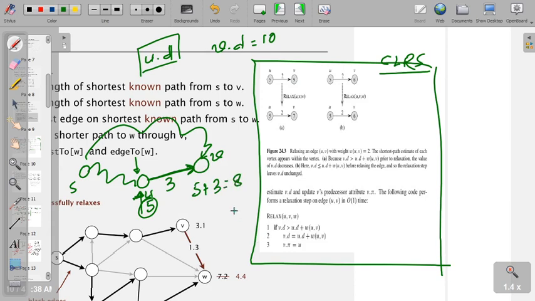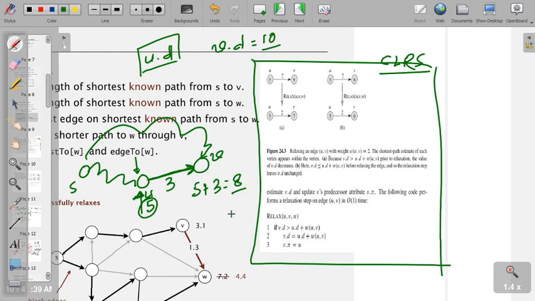But before discovering this, I had some other path to this v, and that was 10. So via this u, I am seeing that I can reach from S to v in a less costly way. Previously it was 10. Now via u, I am reaching v with cost 8.